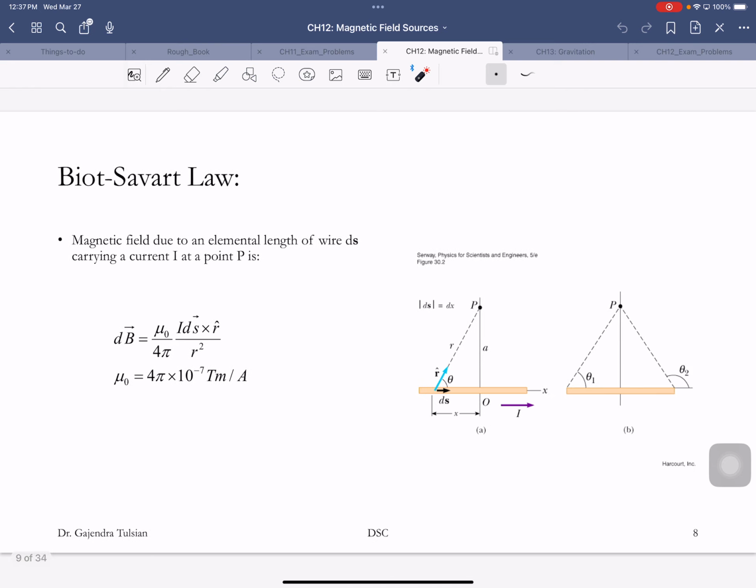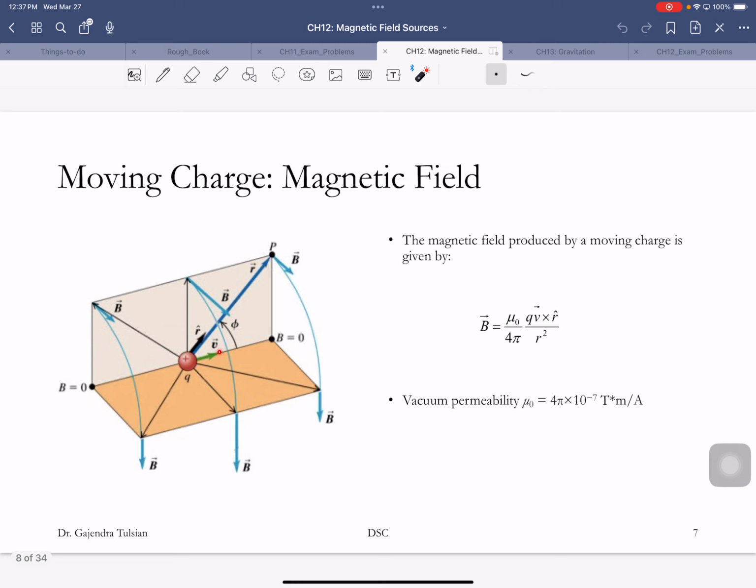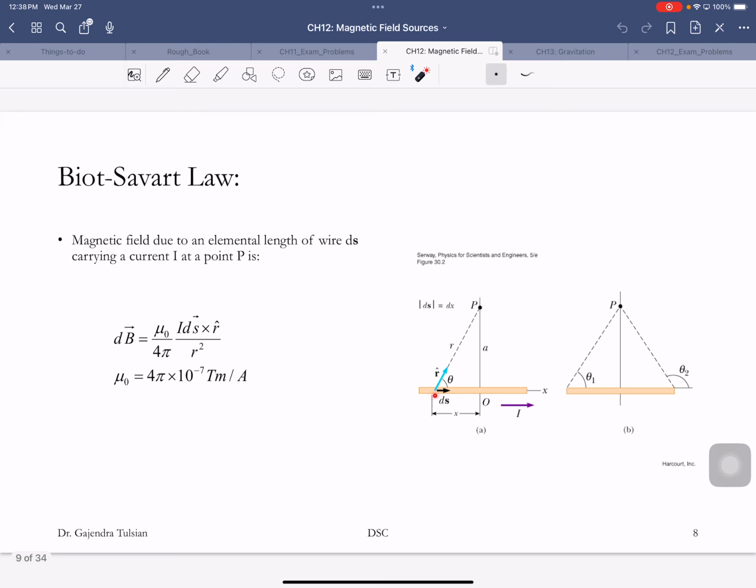Now, we also saw that this is the field produced by a single charge. A current is a whole bunch of charges moving in that direction. Each would produce a field coming out of the plane of the sheet. So the field of all those charges would add up.